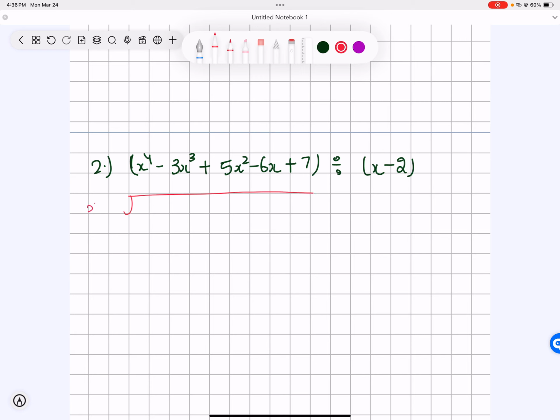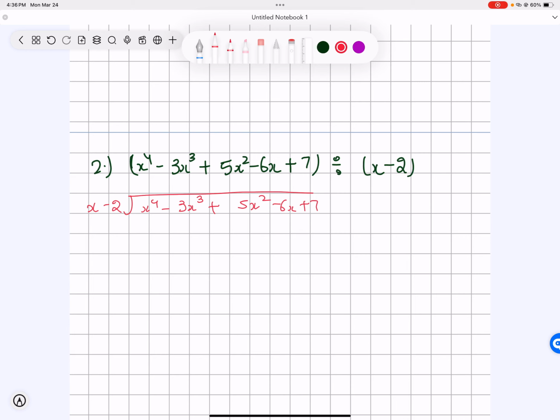addition. It's gonna be x minus 2, x4 minus 3, x cubed plus 5, x squared minus 6x plus 7.